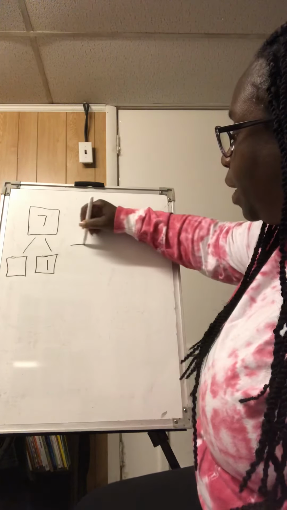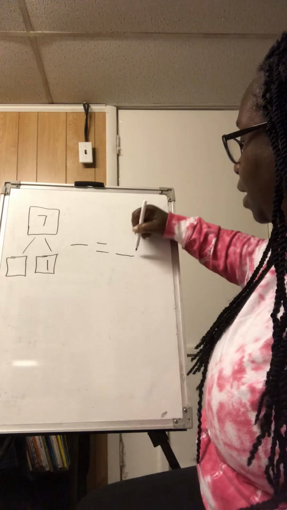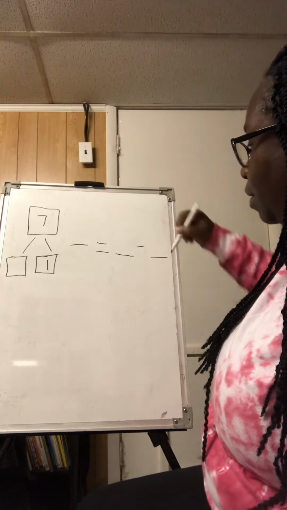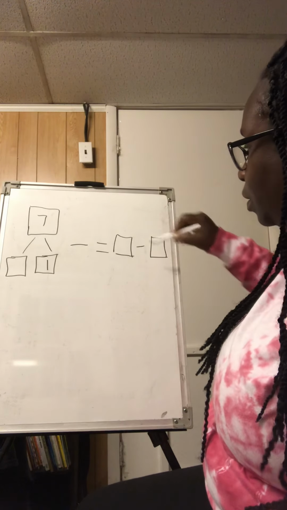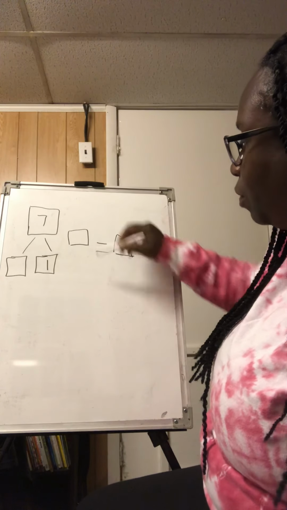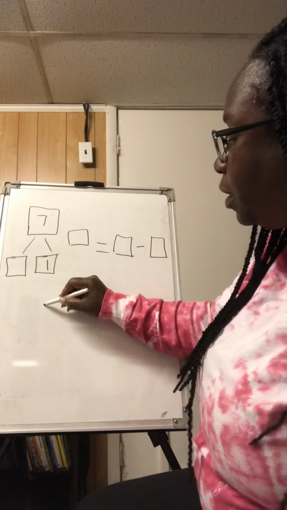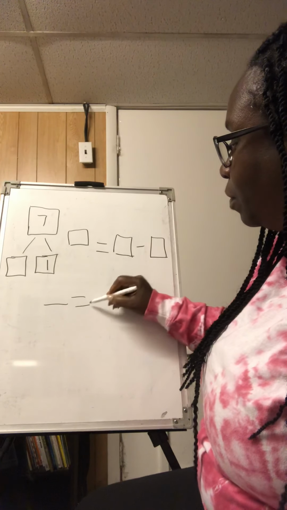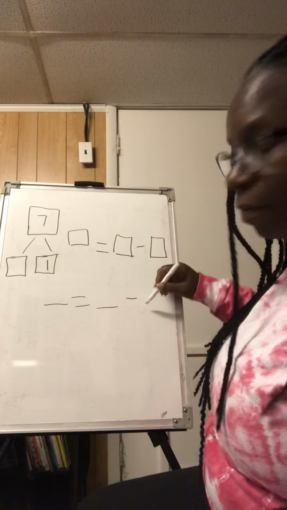Then you have blank equals blank minus blank. Okay, we're trying to fill in. Let's do it this way so you can see it a little bit better. What are we trying to fill in? Okay, and then the second one is blank equals whatever minus whatever.